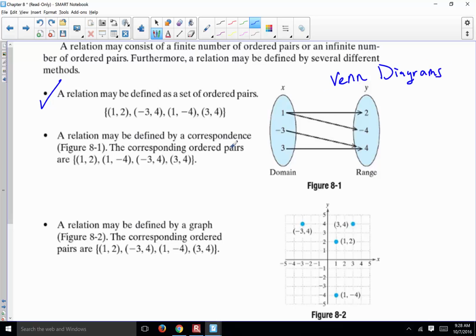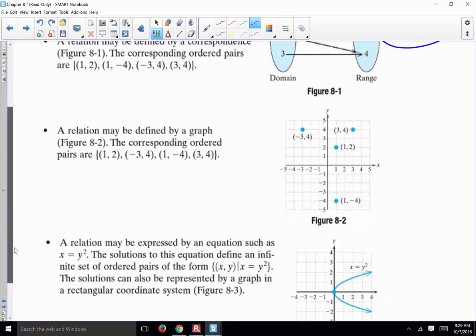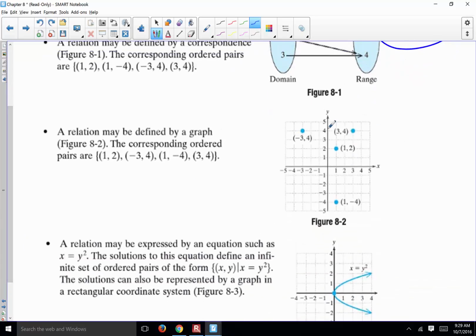And we literally show the relation with arrows. Couples are linked to each other with arrows. This is the second option to show your relations. The third one we use is graphs, graph paper.